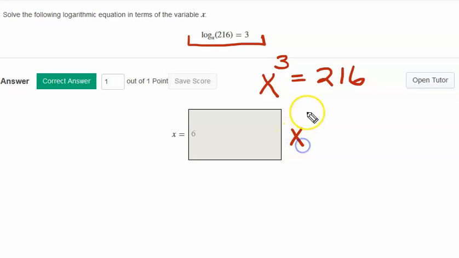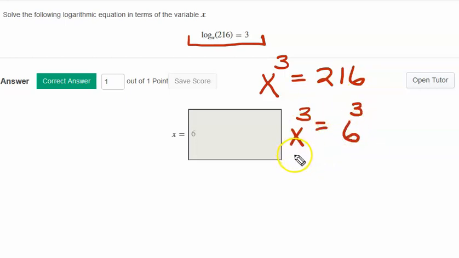Well, again, this isn't the best way of doing it, but it is a way. Can you think of some number times itself 3 times that gives you this? Well, 6 to the third power is 216. So that's one way if you could brainstorm it.